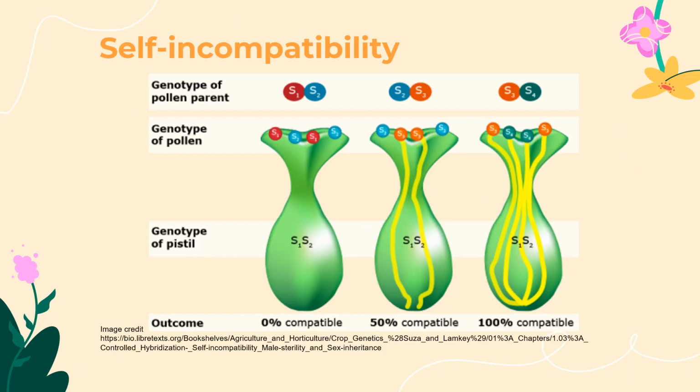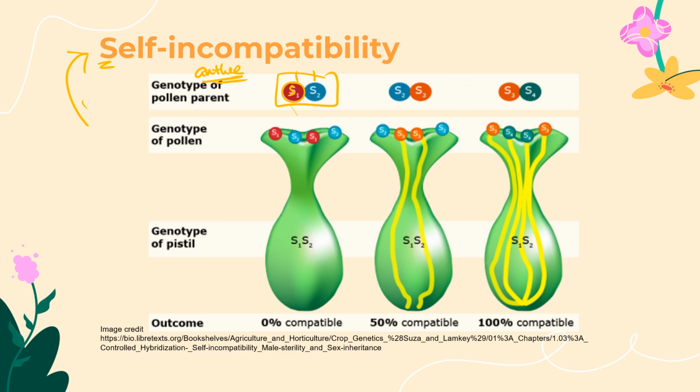Some of our flowering plants actually can completely prevent self-fertilization with these amazing genes known as self-incompatibility genes. What happens here, we have in our anther those diploid cells that are going through meiosis to produce those pollen grains. They're going to start diploid, and so they have two alleles in their genotype for these S for self-incompatibility genes.